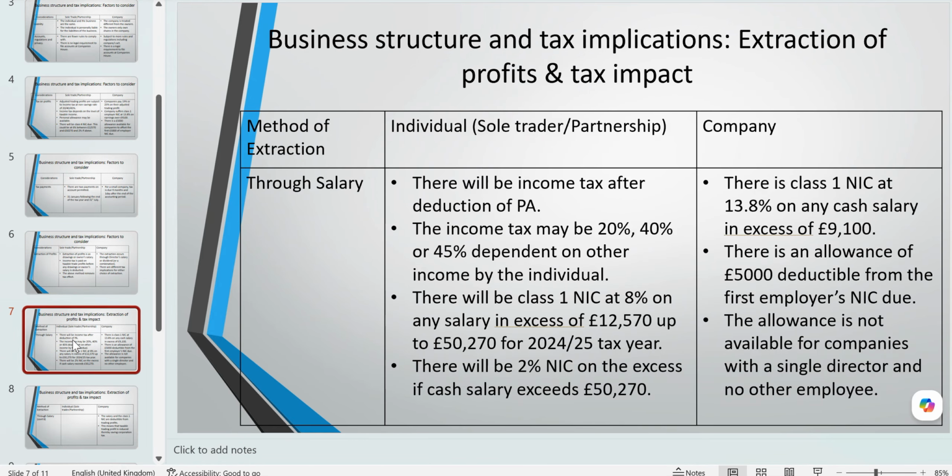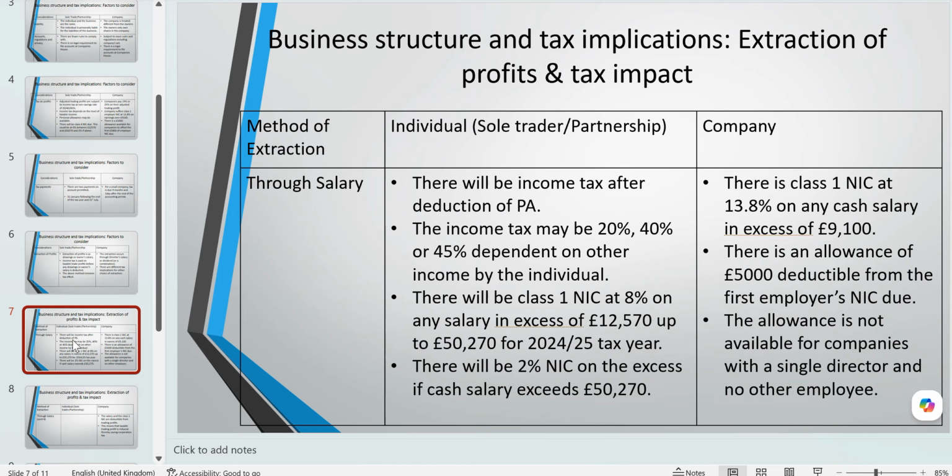So when you are extracting profit through salary, for individuals, meaning sole traders and partnerships, there will be income tax after deduction of personal allowance.